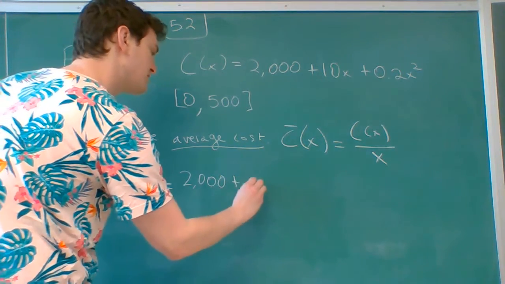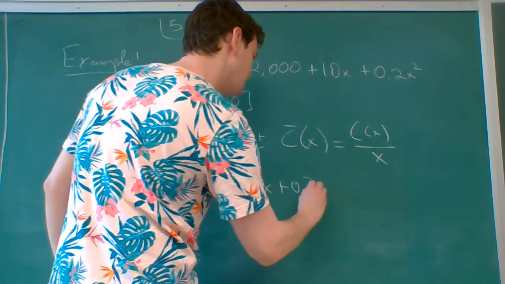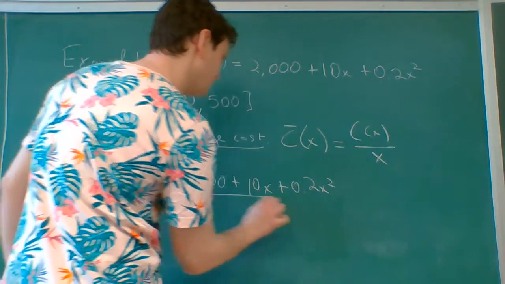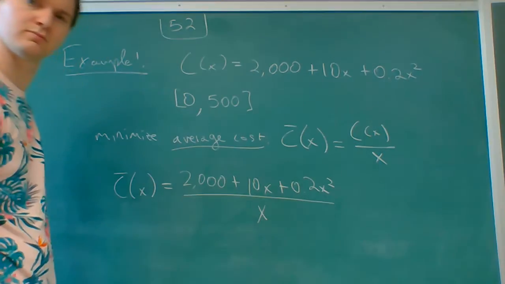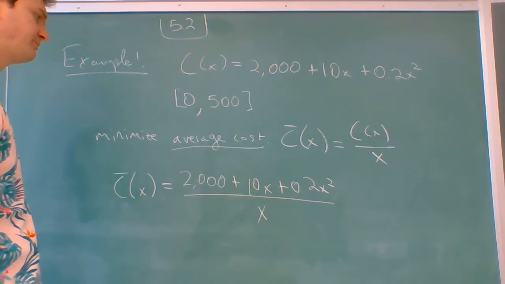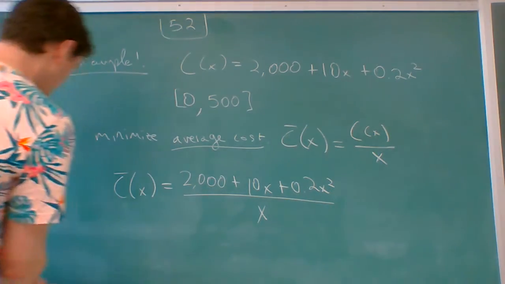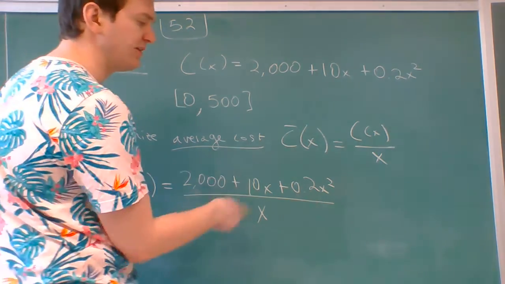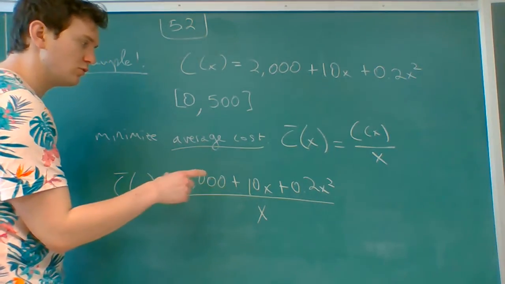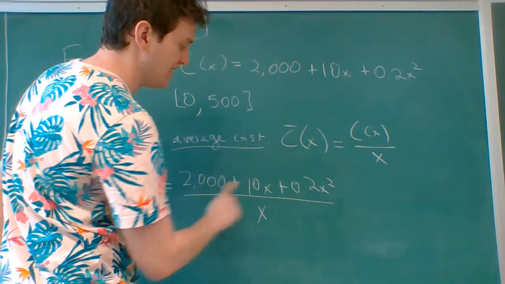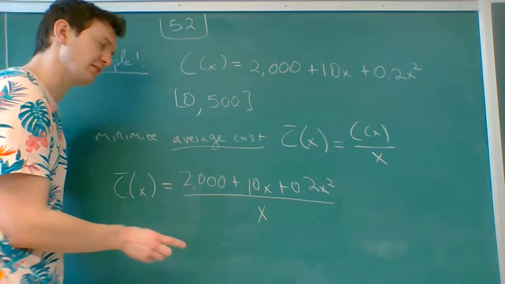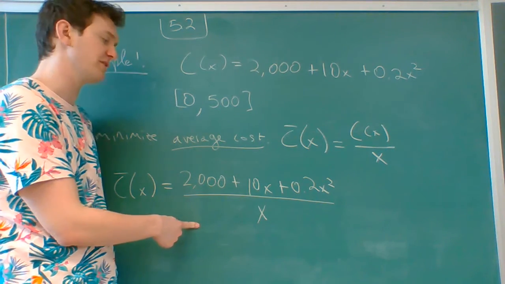2,000 plus 10x plus 0.2x squared all over x. And now, we're going to be taking a derivative of this function, right? So we would rather not have it as a big quotient because that would mean we would need the quotient rule for this.